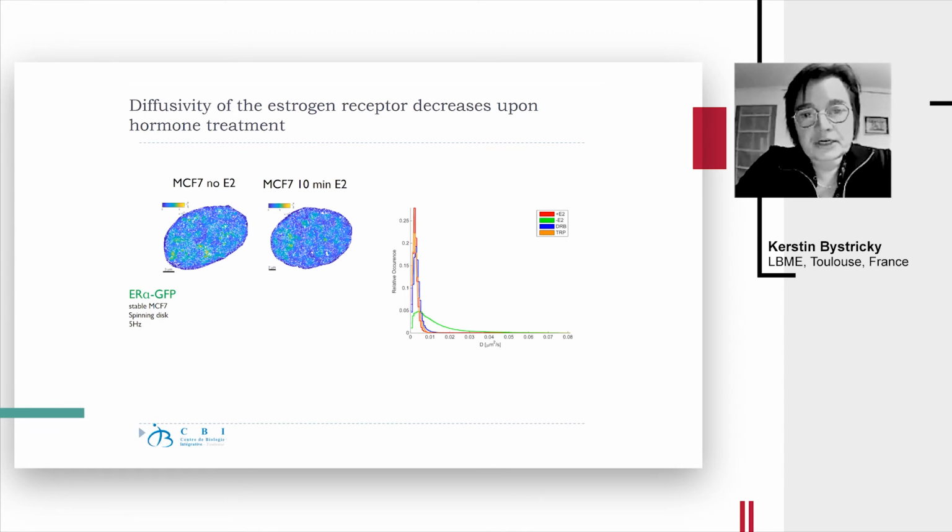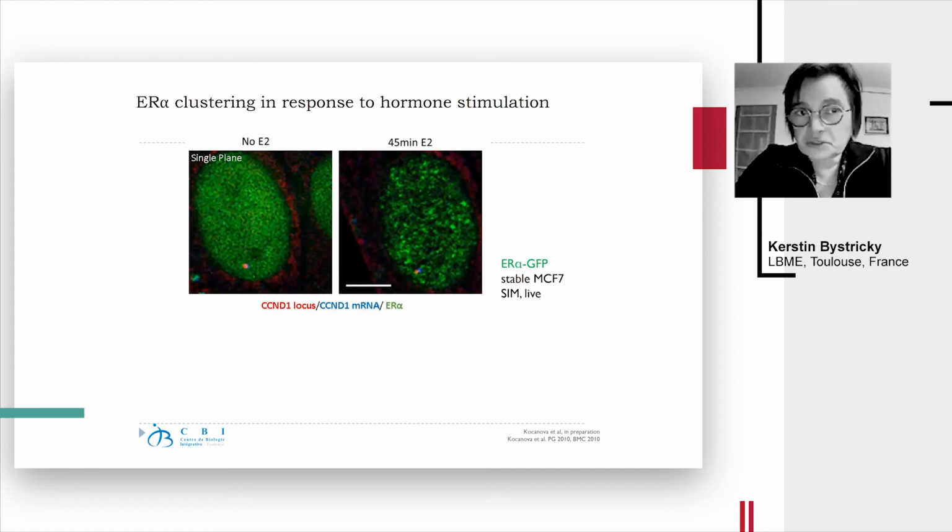Now to finish, I would like to just put this in context. Why are we interested in the estrogen receptor? This is what the ER-GFP looks like in a cell using SIM microscopy, so high-resolution, super-resolution microscopy. In the absence of hormone, it's all diffuse.